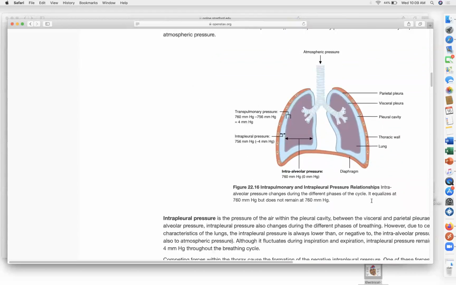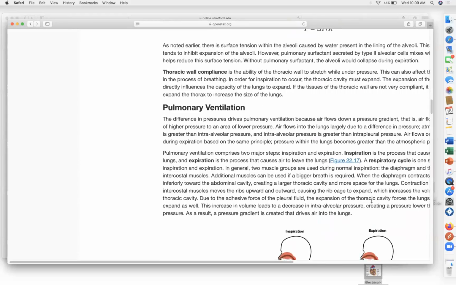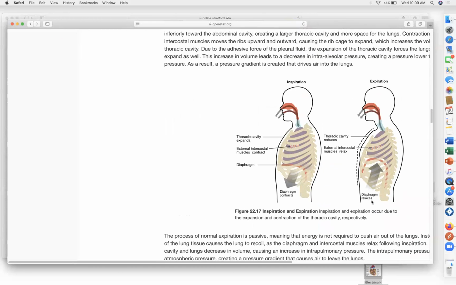So how do we breathe? Now, remember we also talked about osmosis and diffusion. Diffusion always goes from an area of high pressure to the area of low pressure. So this is how we force the lungs to suck in some air during inspiration.